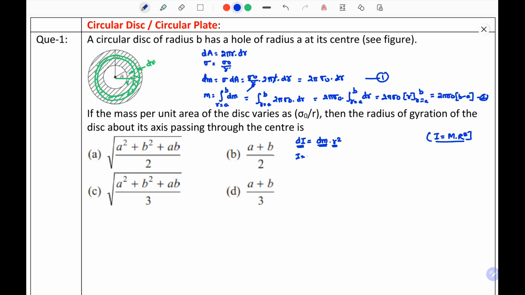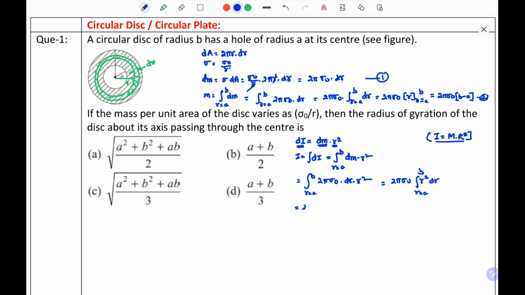So total moment of inertia will be, on integrating, integral dm into r square, and r is from a to b. Substituting the value of dm, it is 2 pi sigma naught dr into r square from limit r equal to a to b. So it will be equal to 2 pi sigma naught integral r square dr, where r equal to a to b.